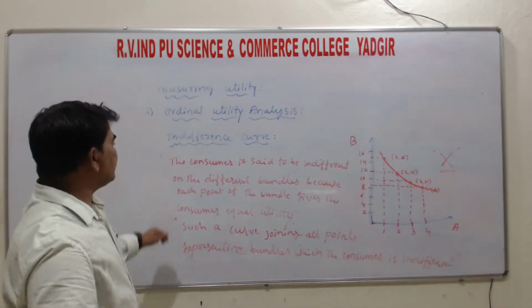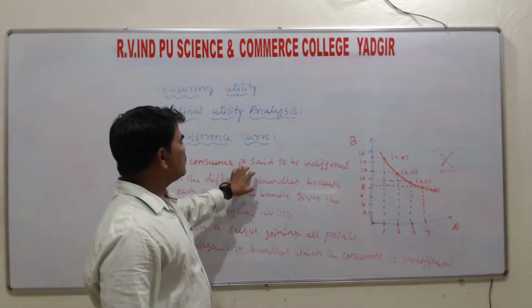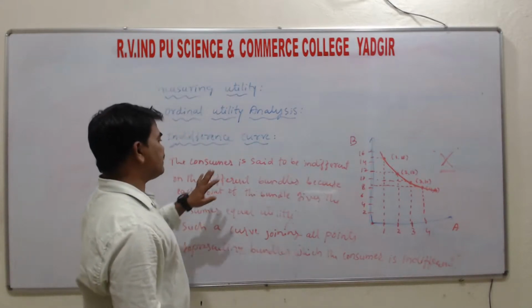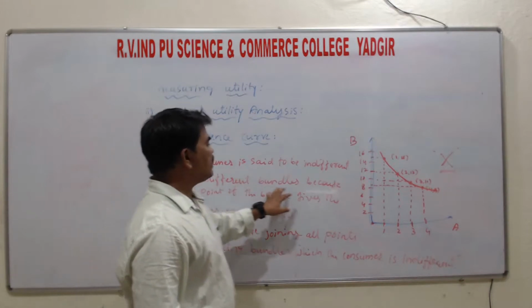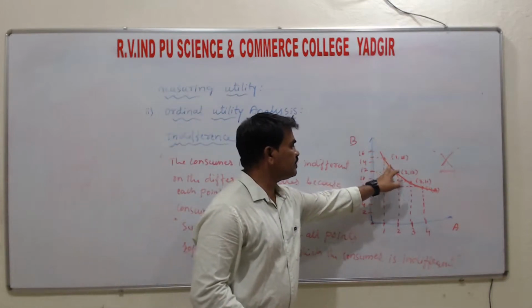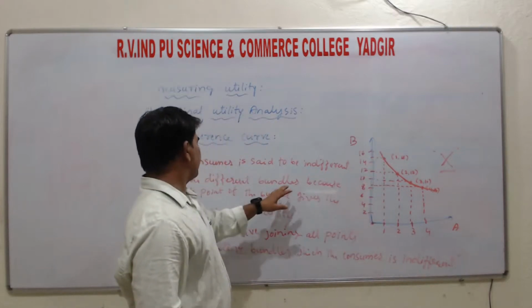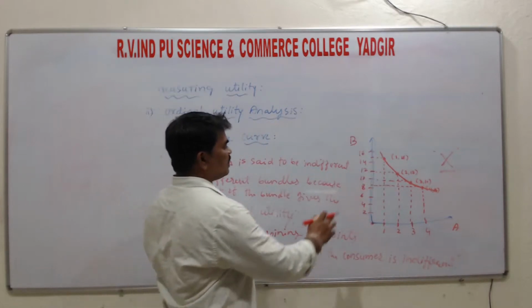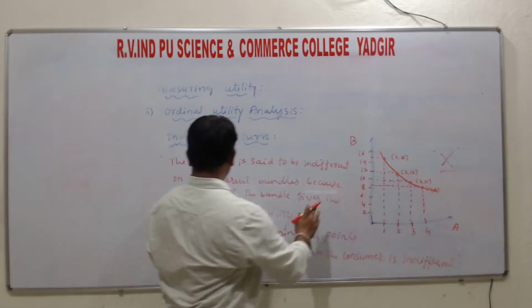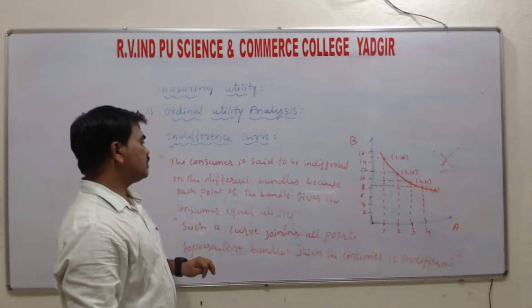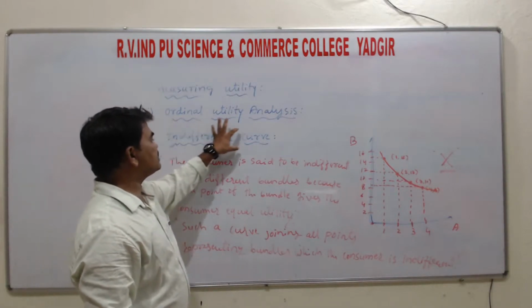I'll read it again. Here, the consumer is said to be indifferent. He is indifferent with his satisfaction level on the different bundles. On the different bundles, his satisfaction level is the same because each point of the bundles gives the consumer equal utility. So how can we define this indifference curve?